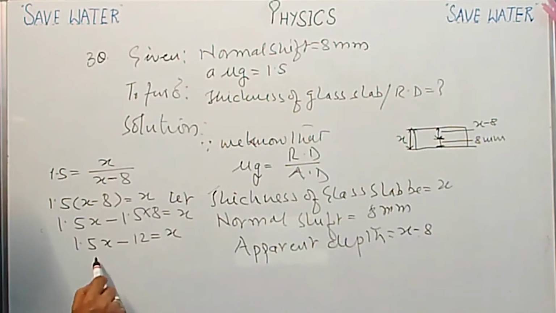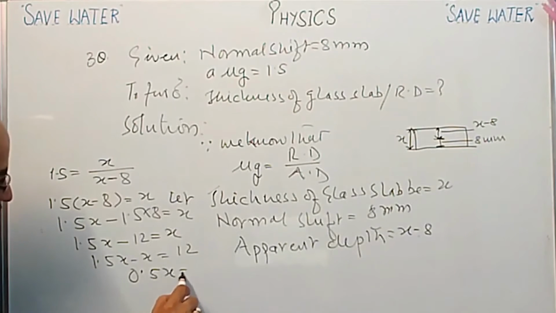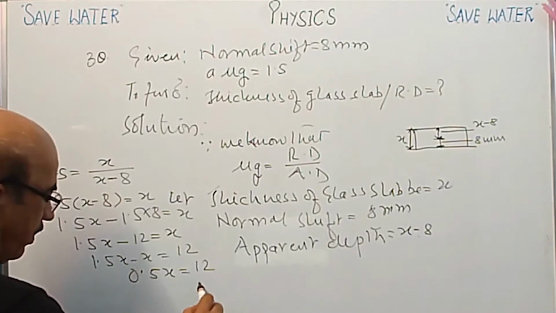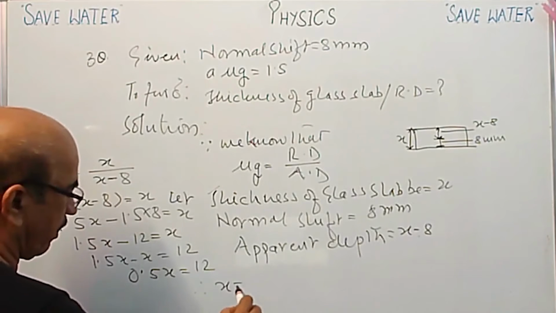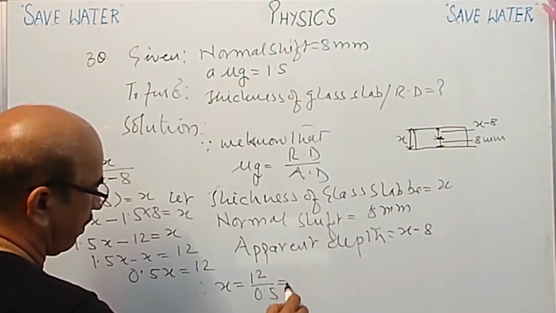When we bring x to this side, transposition, so 1.5x minus x is equal to 12. And see, 1.5 minus 1, x minus. So what do we get here? Yes, 0.5x is equal to 12. Therefore, x will be 12 upon 0.5, or what do we say?